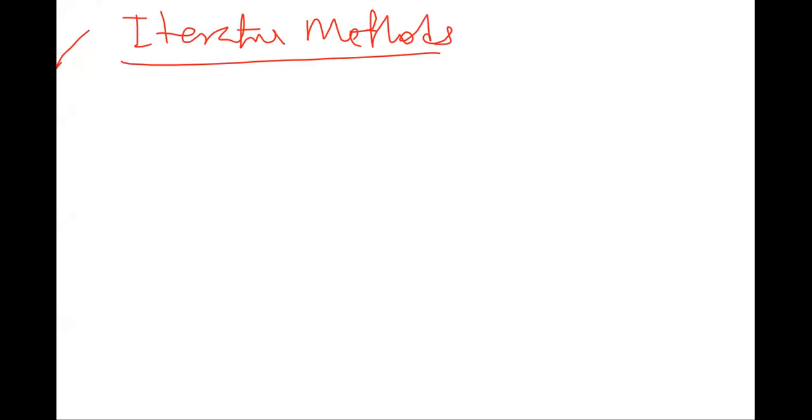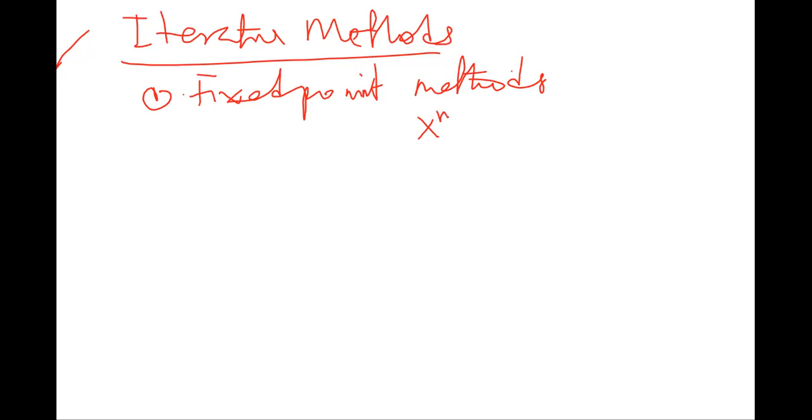Okay, so iterative methods, as I said, the main idea around iterative methods is what we popularly call a fixed point. So fixed point methods, that x one equals t of x.